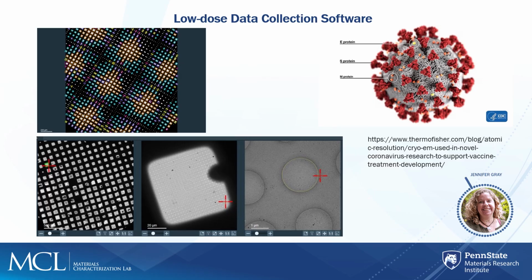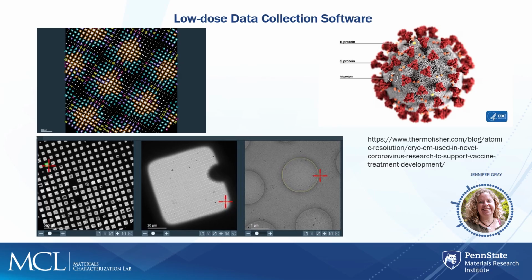We can check our alignments. And then we can, again, blank the beam and go specifically to the real region of interest and collect an image that's now focused and at extremely low dose conditions, so that it's never really been exposed to the electron beam in any significant manner before the image has been taken.